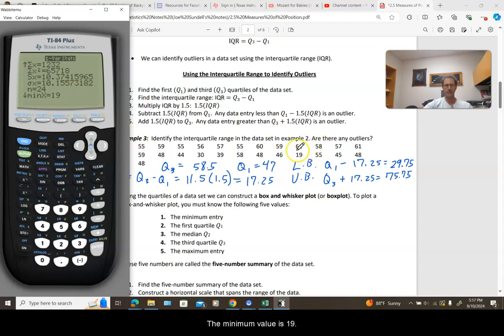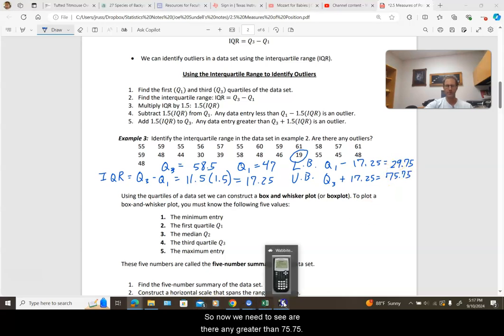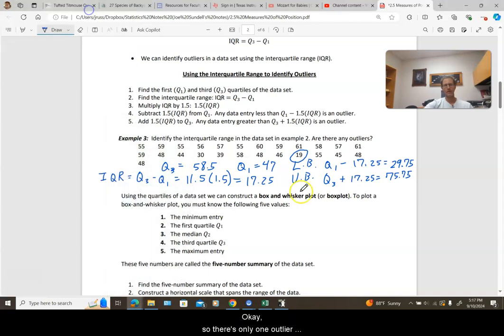The minimum value is 19, so this is an outlier. The only other one I see is 30, and it's actually within that range. So now we need to see, are there any greater than 75.75? The maximum value is only 61. So there's only one outlier, and it's 1.5 times that interquartile range below Q1, the lower side of that interquartile range.